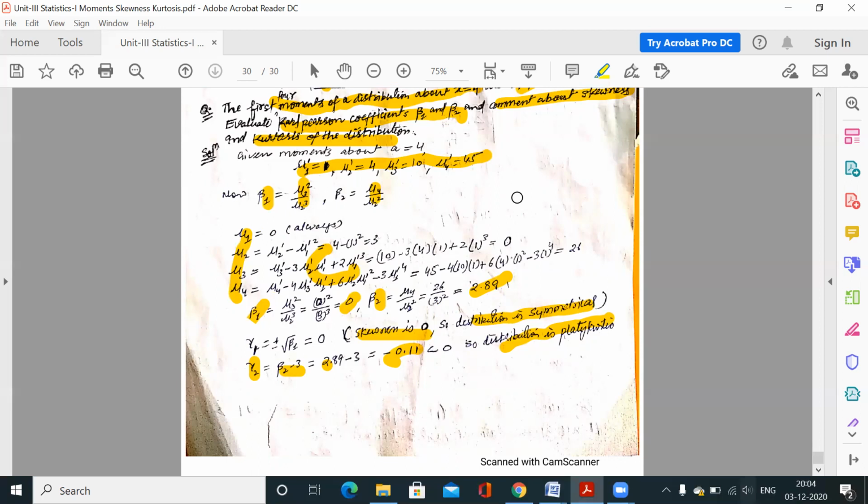If on one side the points are more than the other side, we will say the data is skewed. And kurtosis measures the peakedness or flatness of the data as compared to the normal curve. So it is leptokurtic if it is more peaked than the normal, and platykurtic when it is less peaked than the normal curve, and for the normal curve it is called mesokurtic.